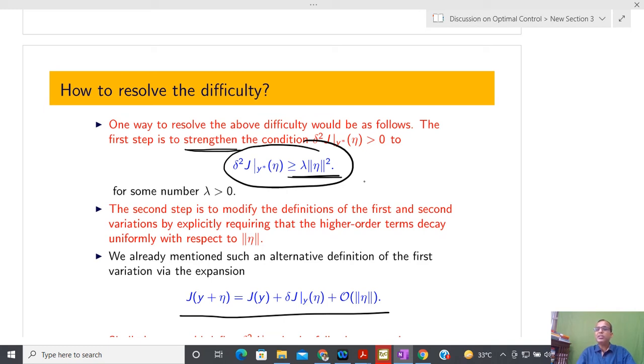But in this course I am going to use the Gateaux derivative, because it is possible to show that whatever way we formulate the problem, using the first order necessary condition and second order necessary condition, we are able to achieve the strict minima. But generally that is not true.